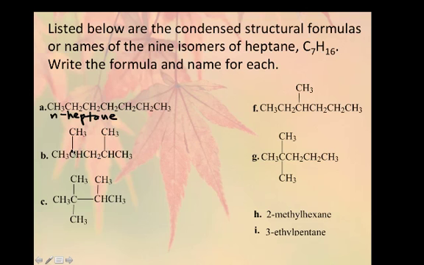Now if we have 7 carbons where 2 of them are hanging off, then we're going to number this in such a way that we get the lowest numbering. So no matter if I start from left to right or right to left, I'm going to get the same numbers either way. So we'll call this the 2,4-dimethylpentane.